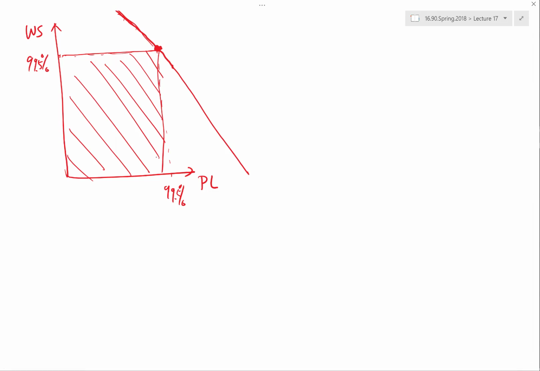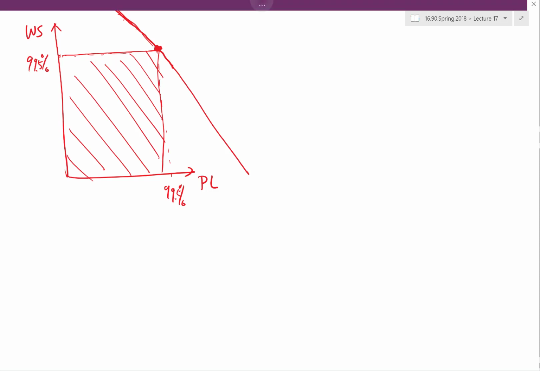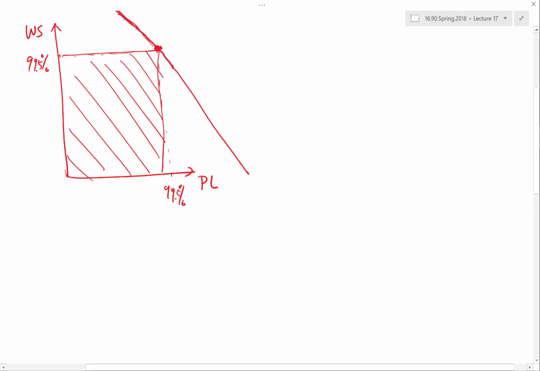Well, on this side of the classroom, we had a design that is more cost conscious, I would say. So they are really trying to figure out the design that is just good enough to satisfy the 99 percentile criterion.